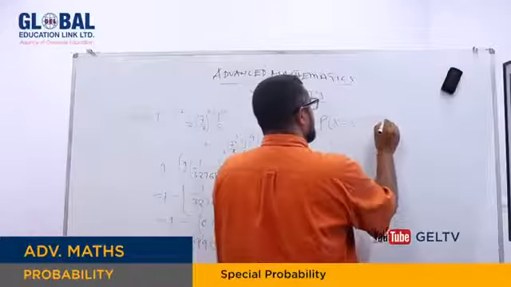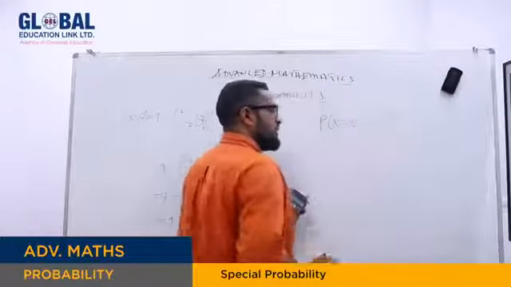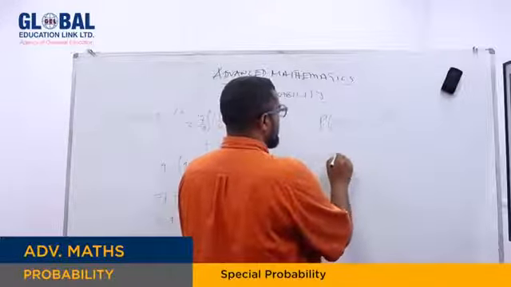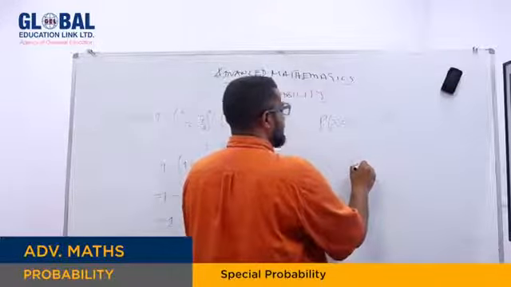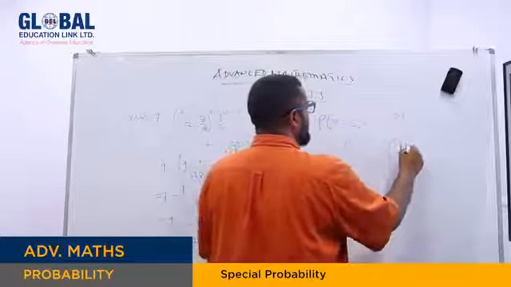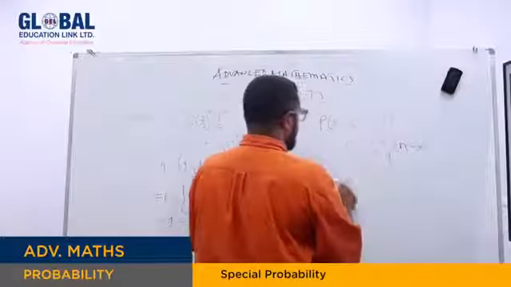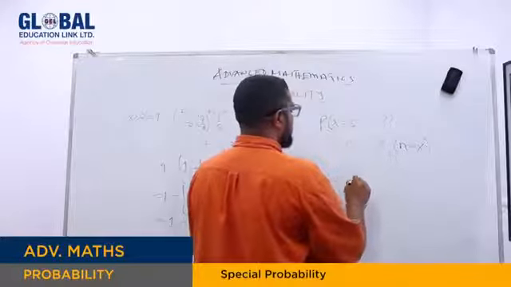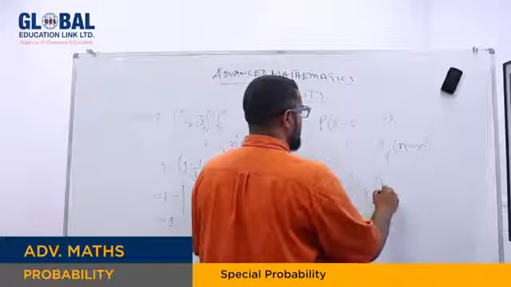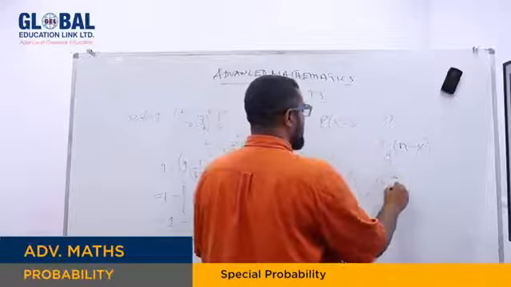So when x equals 5, what will be the probability? Go back to the formula and then substitute. The formula is n combination x, p to the power of x, q to the power of n minus x. So our n is 5, 5 combination 5. Our p, if you remember, is 7 over 8 to the power of 5.